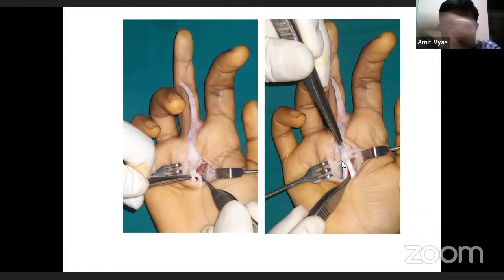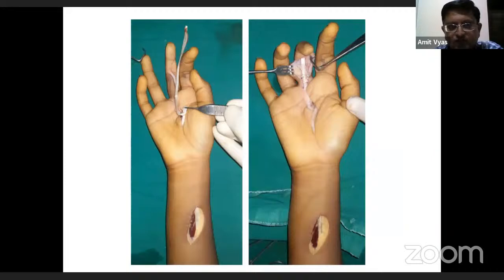And when I explored the distal end, although the A2 pulley was not good, I used palmaris longus to reconstruct the A2 pulley, as you can see here. And whatever fibrous tissue was there, I used to reconstruct the pulley.